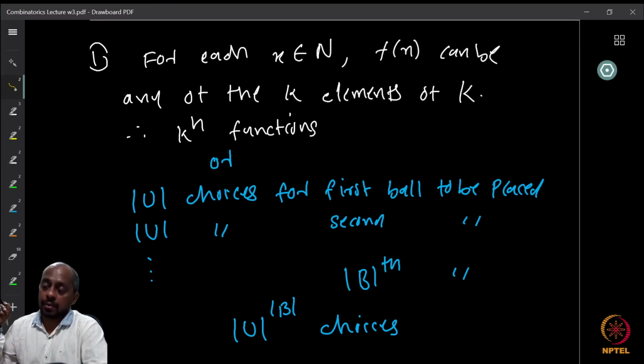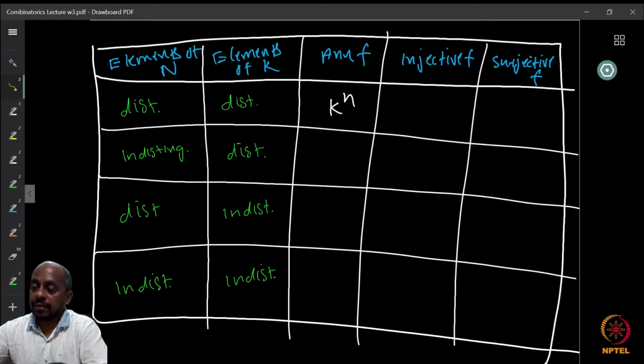If you are going to put the first ball, it can be any of the u. Second ball, again, it can be any of the u. Similarly, all the balls. So therefore, cardinality of u power cardinality of v choices are there, which is what we were doing. Okay, so the first entry we have filled, which is k raised to n.